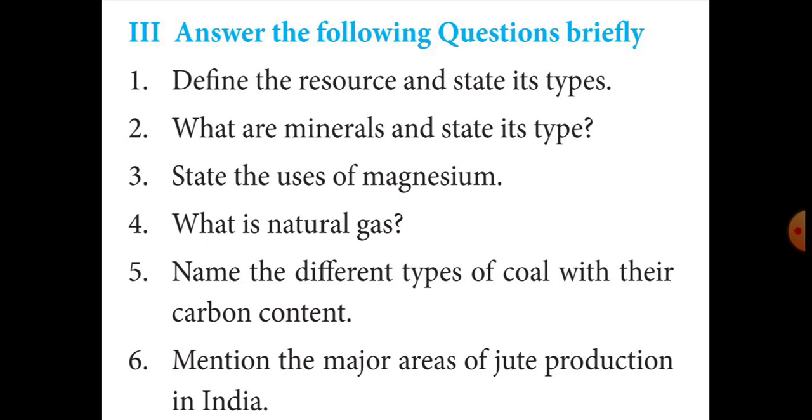Students, again I will read the answer. Any matter or energy derived from the environment that is used by living things including humans is called a natural resource. Natural resources are categorized into two types: renewable resources and, in the next paragraph, non-renewable resources.